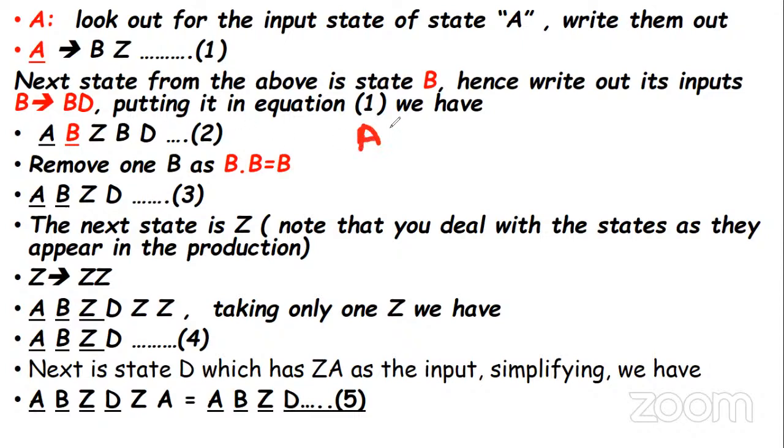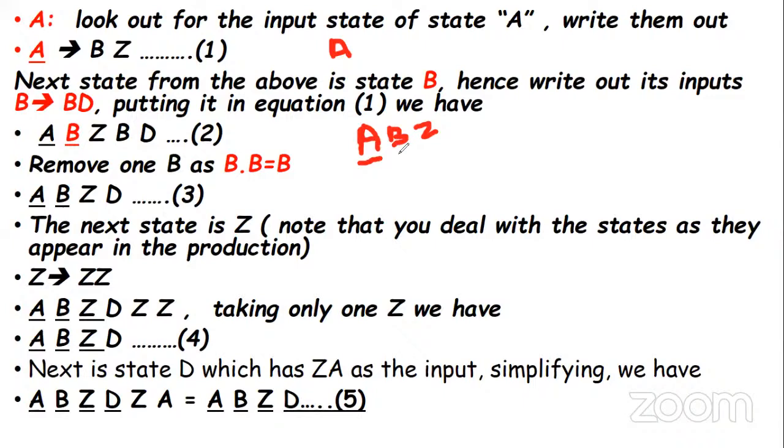B, Z. So you write out B, Z. Remember, you're supposed to write A first. Then you go to the next step by writing out the input combination of A. As you are writing the input combination of A, you put a line underneath showing that it is being processed now.